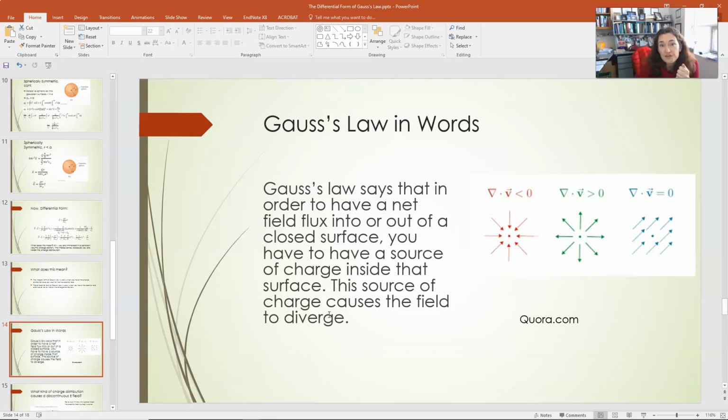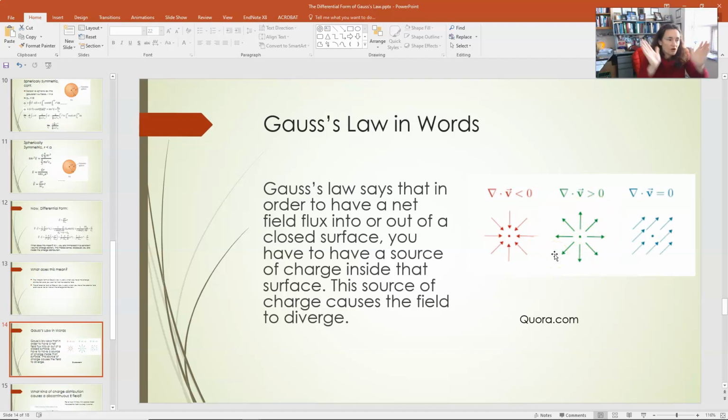Now, if you have that source or sink of charge, then you'll have a field that diverges. Remember what divergence means. The word diverge means to split apart and go in different directions. So, for example, in the pictures over here, you have a field in green diverging from a point.